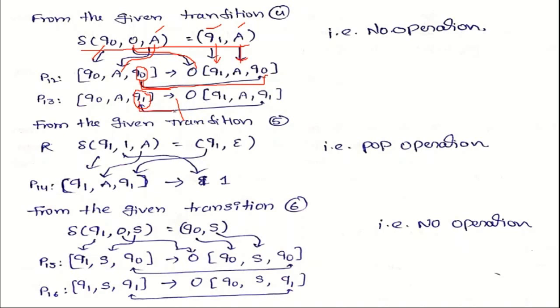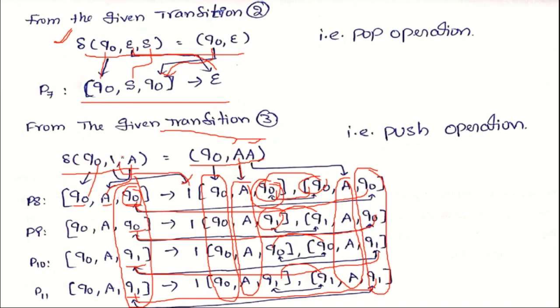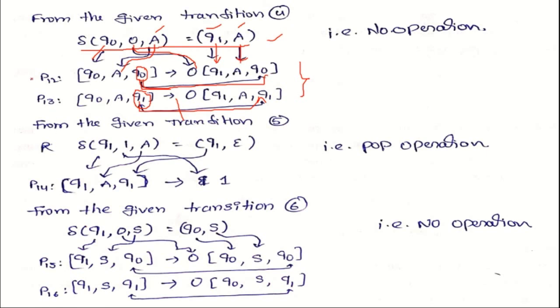Here the next state is Q1, so at last we have Q1. In this manner, these are the possible production rules related to the given transitions. So these are the 12th production rule and 13th production rule. Previously we found up to the 11th production rule.